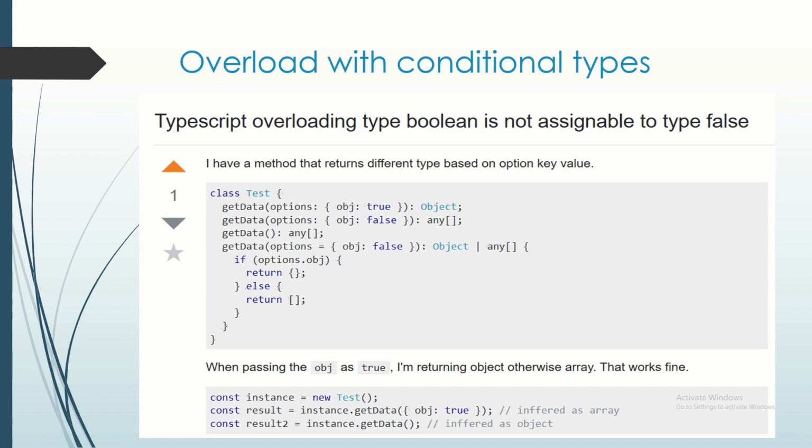The problem this person is having is that if the object contains true, that's okay. If the object contains the constant false, that's also okay. But if the object contains something that's just of type Boolean, it's not known at compile time whether it's going to be true or false, so the compiler won't be able to pick any of those overloads because it's not true and it's not false, and therefore it doesn't know what overload to pick.